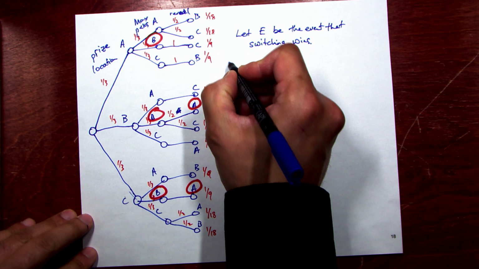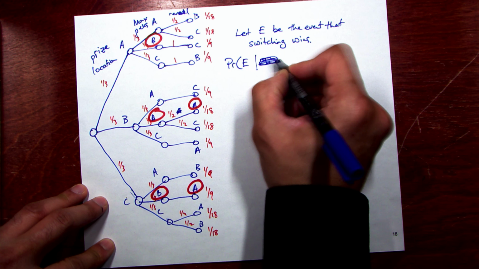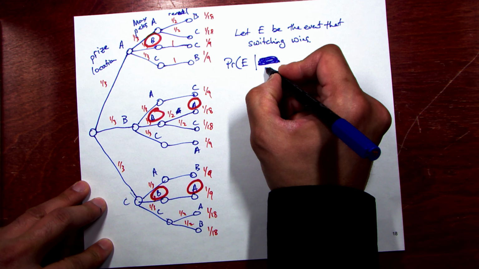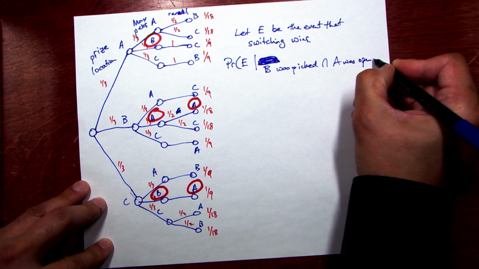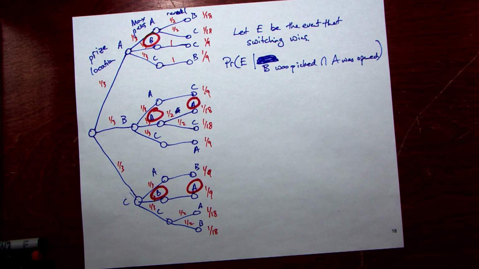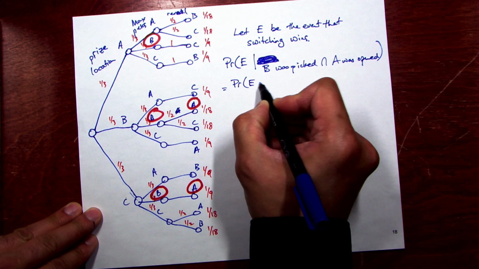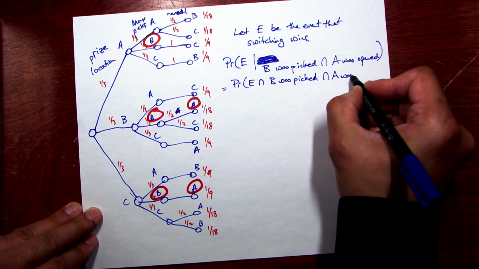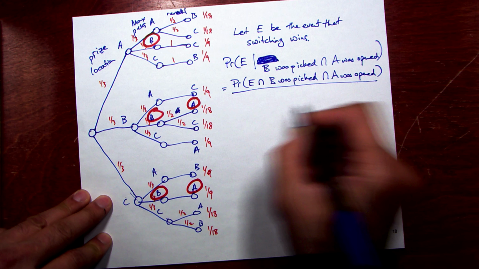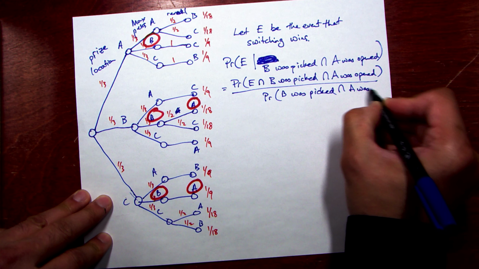Okay, so we are interested in the probability of winning by switching, if B was picked and A was opened, which is what happened here. And just mathematically, this is the probability of E and B was picked and A was opened, divided by the probability that B was picked and A was opened.